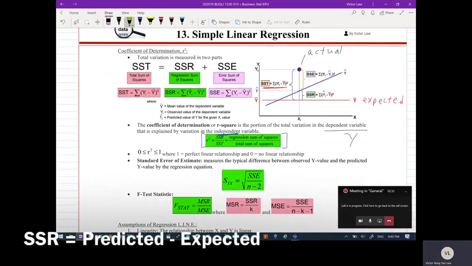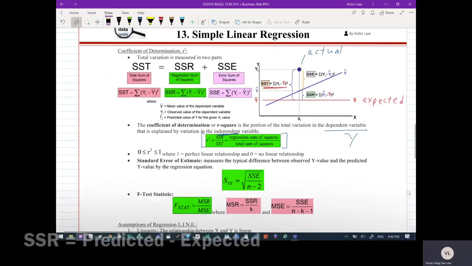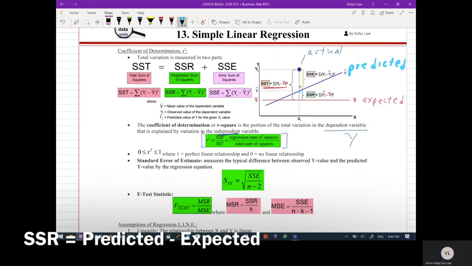Right? So SSR is the distance between your predicted. So predicted is as in your blue line. So it's your line of best fit. So your predicted is your Y hat. Okay, so from the regressions, we have our predicted value, and the distance between your predicted value and your expected value is your SSR.